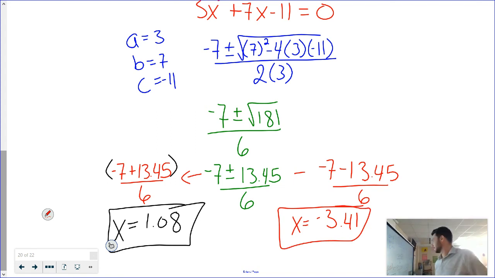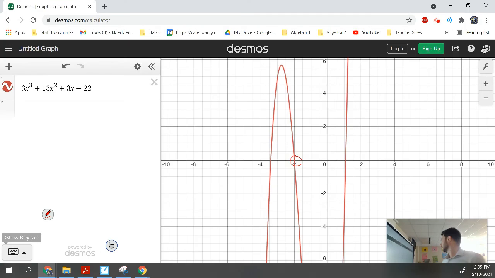And this makes sense. Look at this: 1.08 and -3.41. 1.08 is just barely off 1, and then -3.41 looks just shy of -3.5, so that makes sense. These are the actual answers.